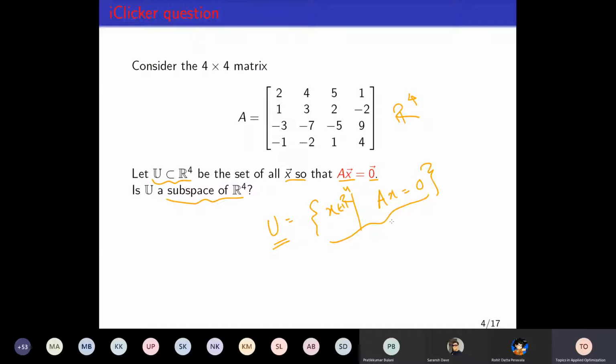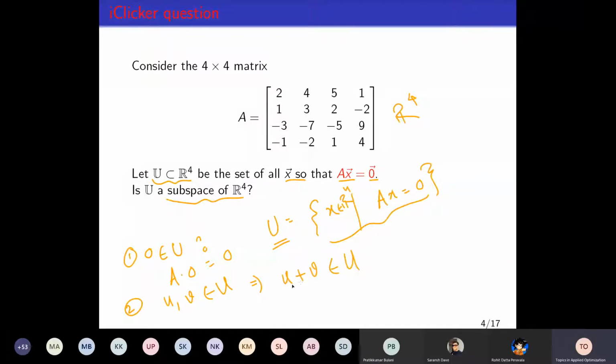It will turn out that it will be. The first criterion was whether 0 belongs to U. Well, 0 belongs to U because A times 0 is indeed a 0 vector. So the first criterion is satisfied. The second criterion of the vector space is, if u and v are in capital U, does this imply u plus v is still in capital U?